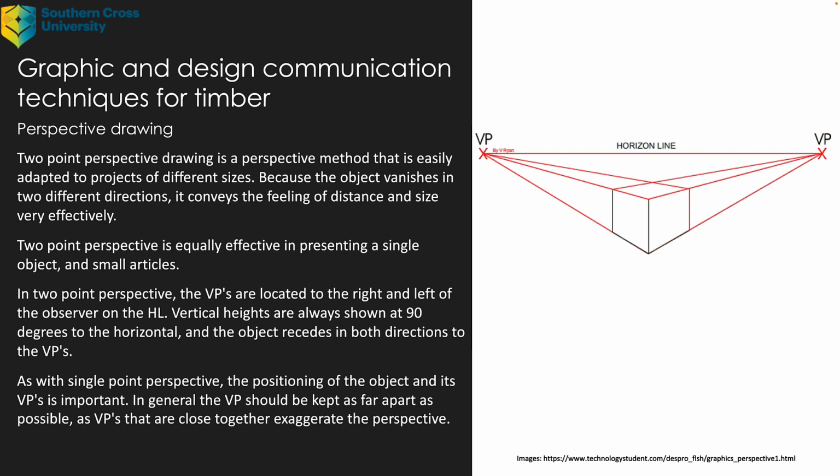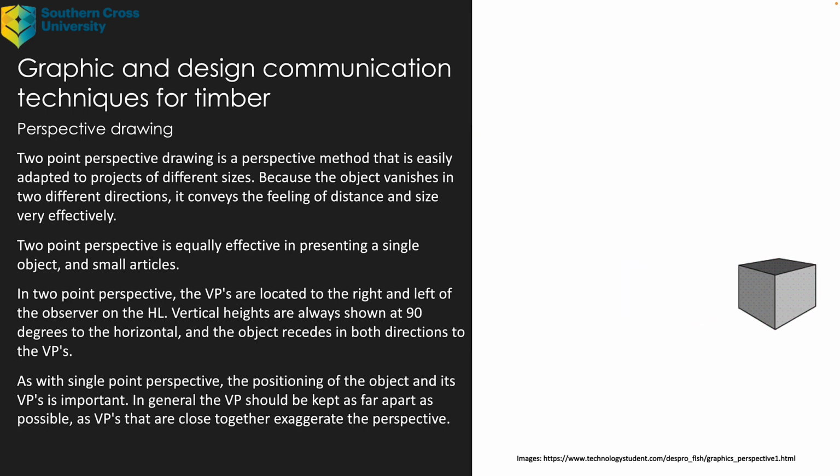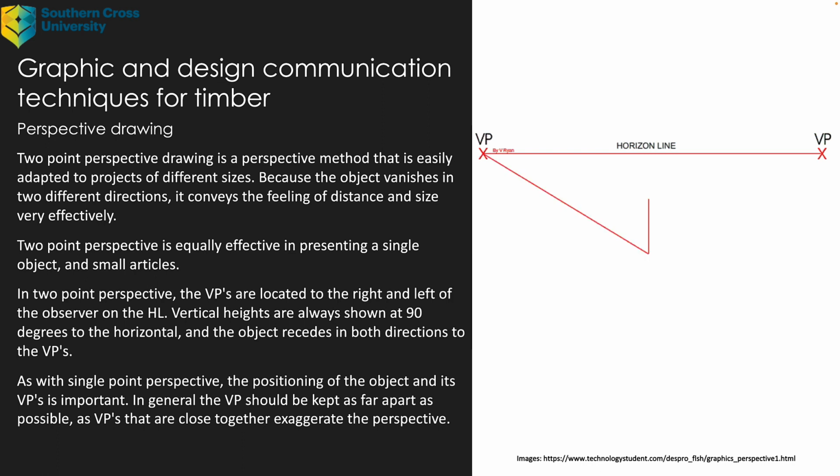In two-point perspective, the vanishing points are located to the right and left of the observer on the horizon line. Vertical heights are always shown at 90 degrees to the horizontal, and the object recedes in both directions to the vanishing points. As with single point perspective, the positioning of the object and its vanishing points is important.